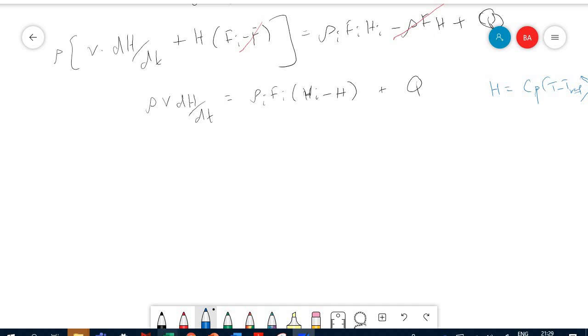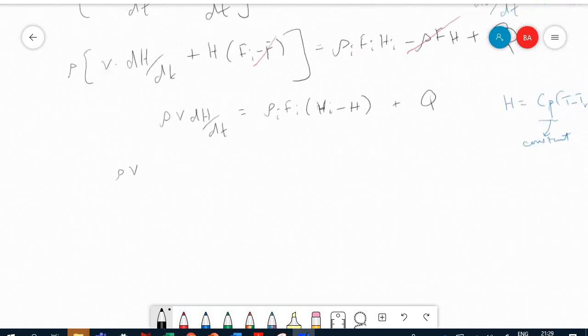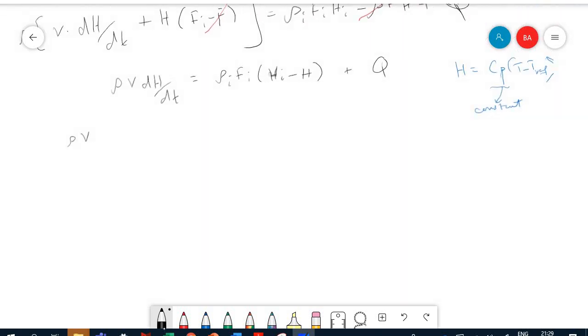And if we substitute that, considering that it could be more complicated if Cp is changing, now we're just considering that Cp is constant. So this will be like rho into V into Cp, d, of course, I took Cp out of the derivative term because it's constant, into dT minus d T reference by dt is equal to rho I Fi.